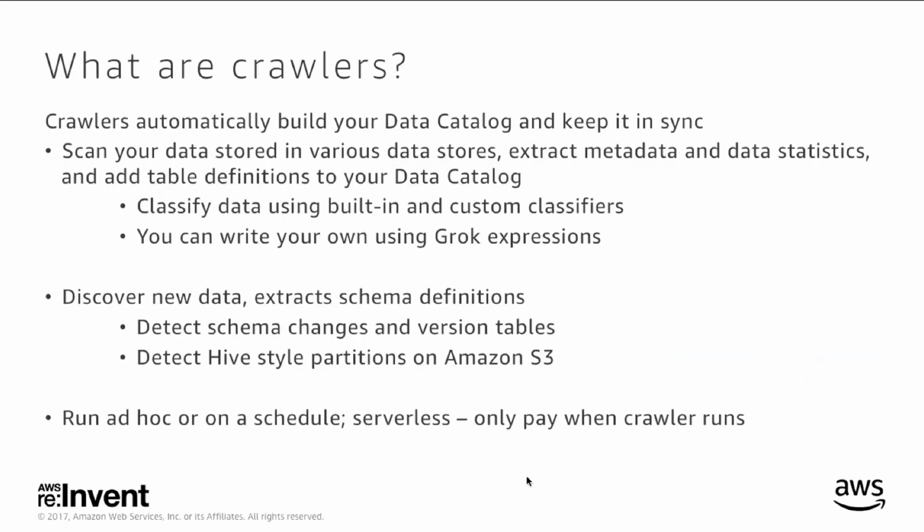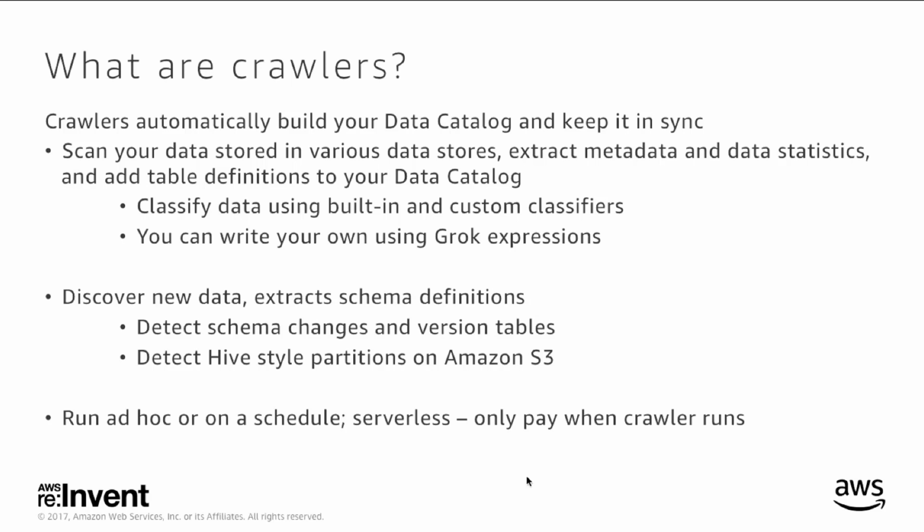So what are crawlers? Crawlers are a simple application that can be configured to talk to an S3 location or to a JDBC connection, such as a database. We have some built-in classifiers. If there's certain classifications that we do not currently support, such as JSON, CSV, Parquet, etc., you can bring in a regular expression and say, okay, this file is a text file.